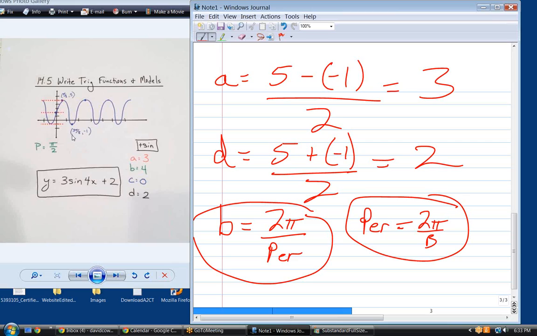Well, it looks to me like it goes 3 units from this peak, which has an x-coordinate of pi over 8, I believe, to this trough, which is 3 pi over 8. Well, that's only half a period, right? In other words, for the period, I'd have to get back up to that. So half a period is 3, so the full period is what?